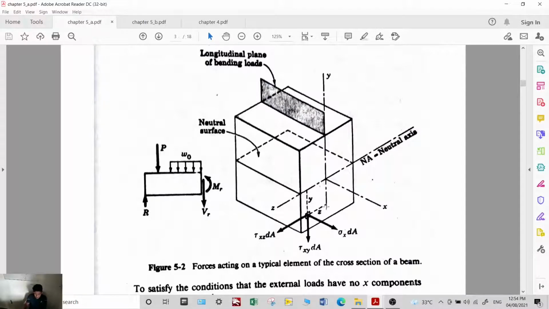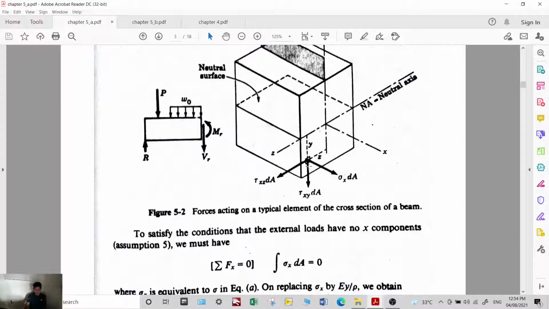Instead of a line, it becomes an area. Consider the small area. This is the neutral axis. This is the x-axis, y-axis, and z-axis. On this plane, the load P is applied.